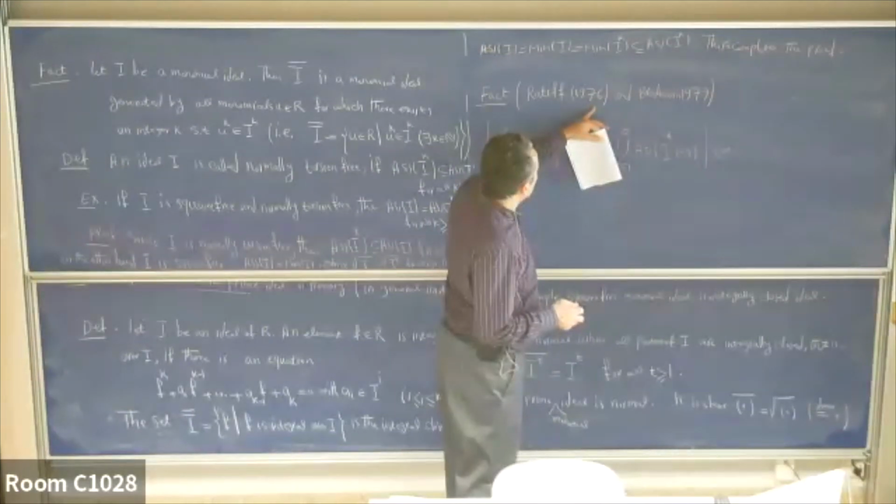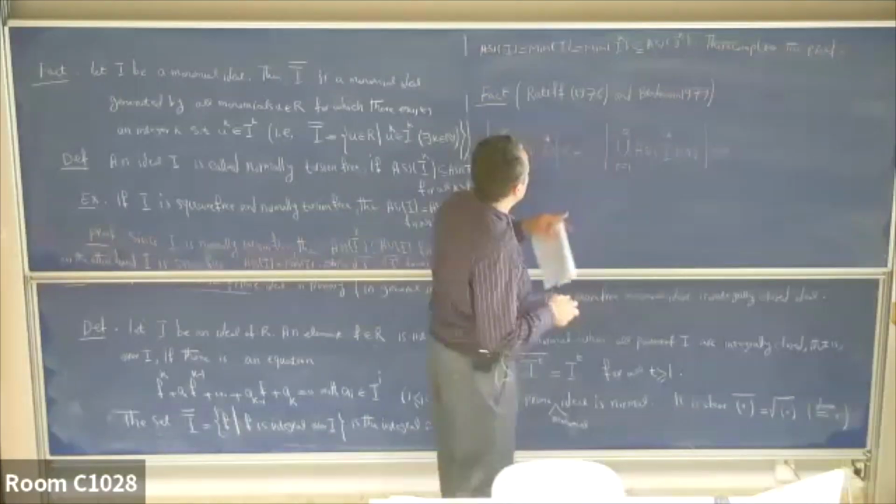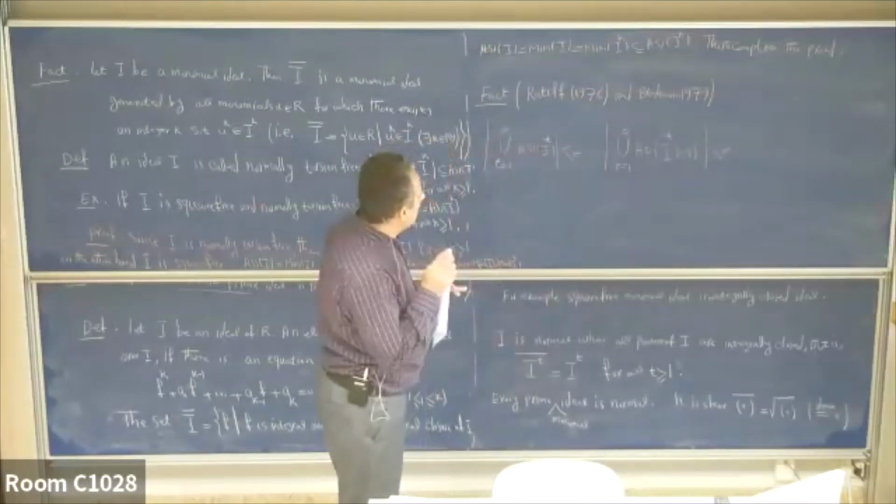The paper by Ratliff is from 1977. Is it 77? Yes, I checked it. Yes, 77. No, I think 76, in the Michigan Journal of Math. Yes, exactly, 76. You are right, thank you. Sorry, yes, 76.